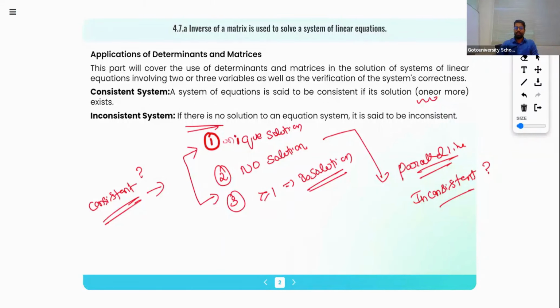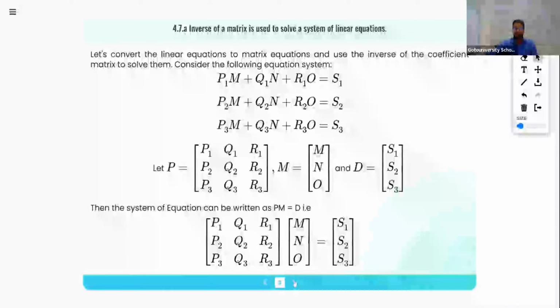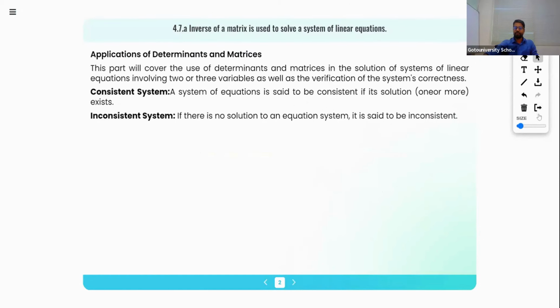Okay, so why are we discussing this? Very important question, if somebody is curious. I'll tell you. Let me take a simple example. Say you have a1x plus b1y plus c1z is equal to d1, a2x plus b2y plus c2z is equal to d2.